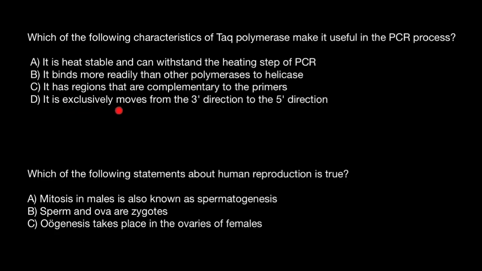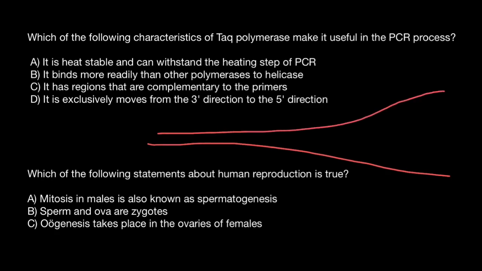It exclusively moves from the 3' end direction to the 5' end direction. Imagine that this is double-stranded DNA, and here we have a replication bubble, and somewhere here we have a primer, because polymerase needs a primer in order to make a new strand of the DNA.